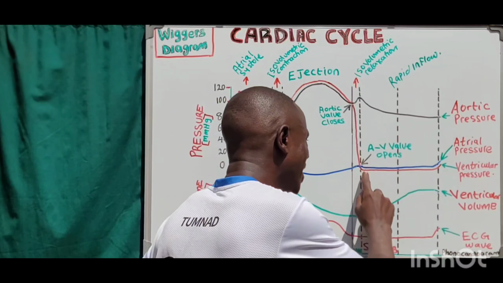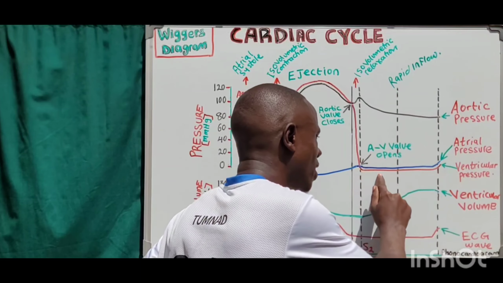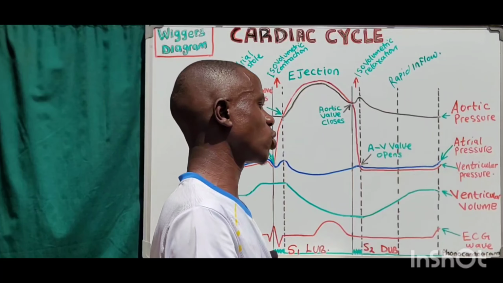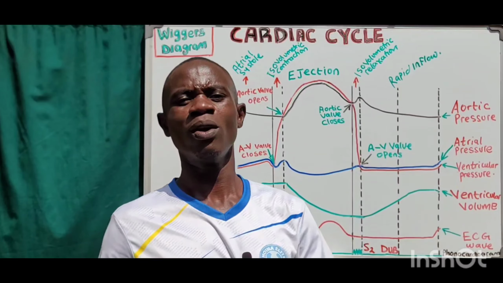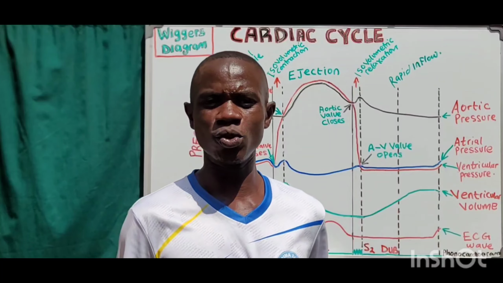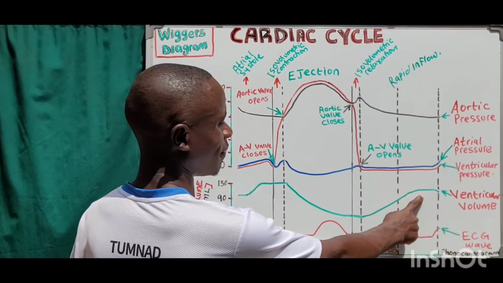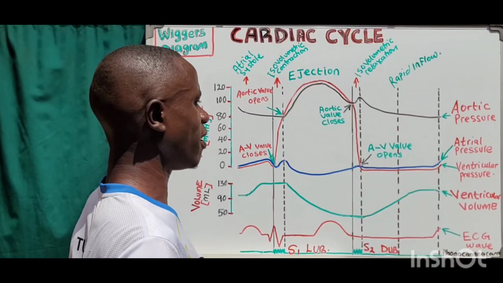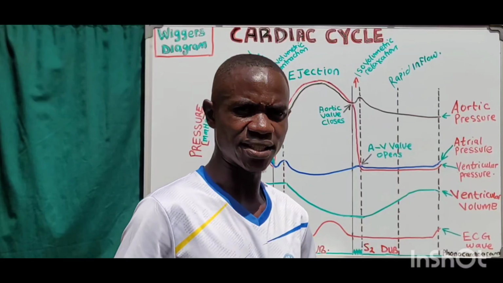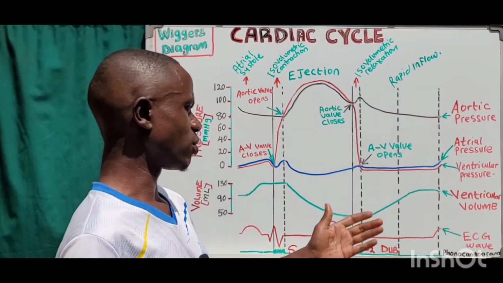But immediately after the ventricular pressure becomes less than the arterial pressure, the AV valves are going to open, and now we enter into what we call rapid passive ventricular filling, and that's why you're seeing a massive increase in the ventricular volume, because now the AV valves are opening, and an extensive amount of blood is coming into the ventricles.